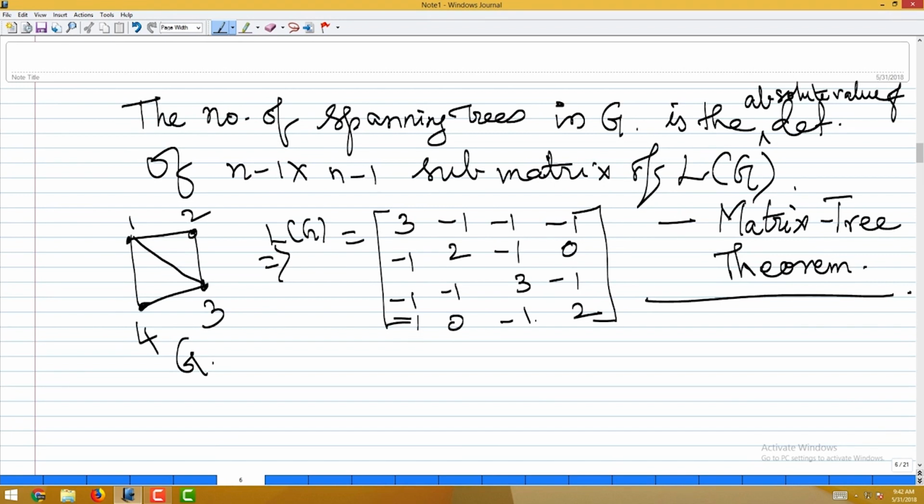Since I said any n minus 1 by n minus 1 submatrix, let us just look at the entry 1 3, the determinant of the submatrix of L of G obtained by deleting row 1 and column 3. I just picked it up randomly, it has nothing to do specifically.